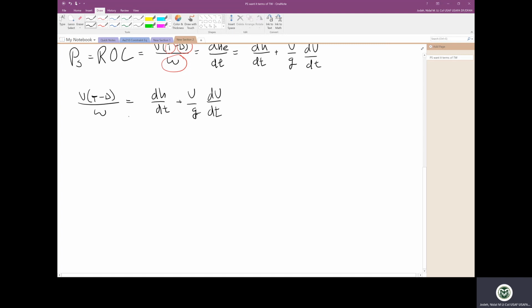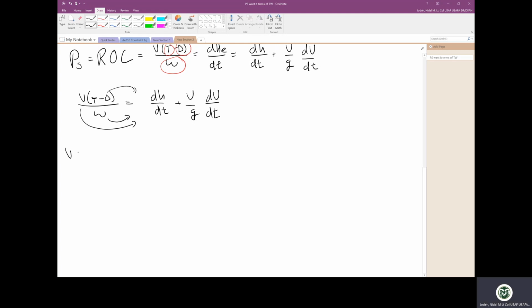So to do that, I'm going to multiply by weight, divide by velocity, and then I'm going to move drag over. So velocity times thrust minus drag is equal to weight dH dt plus weight velocity over gravity dV dt.